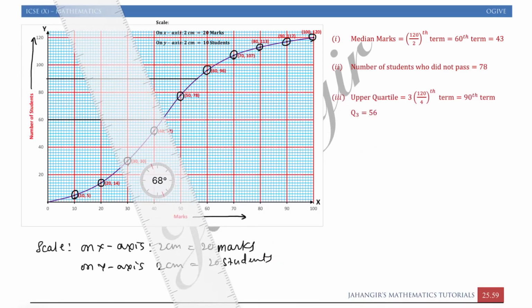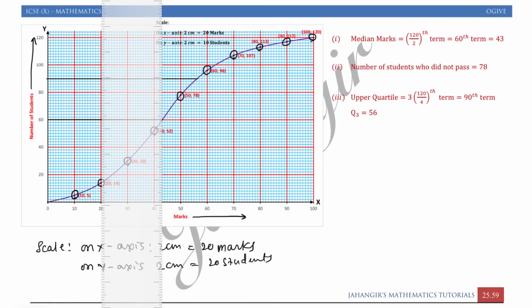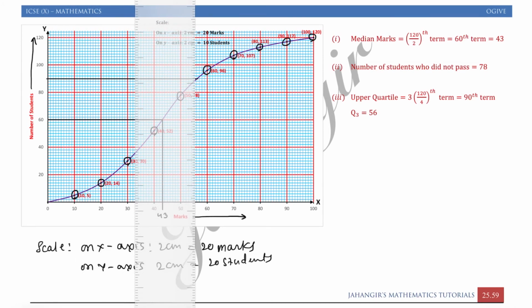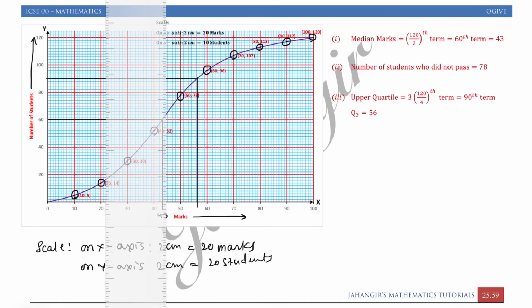Now we have to find the median as well as the upper quartile. This is 43. Median is 43. Upper quartile is 56. So both are written over here.